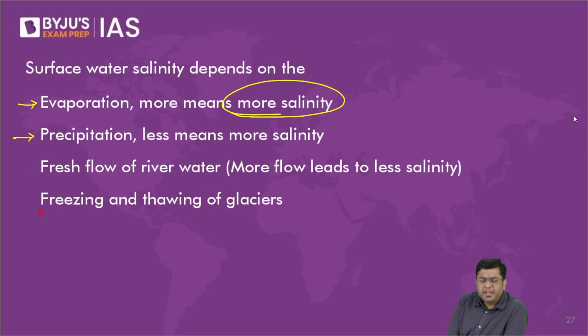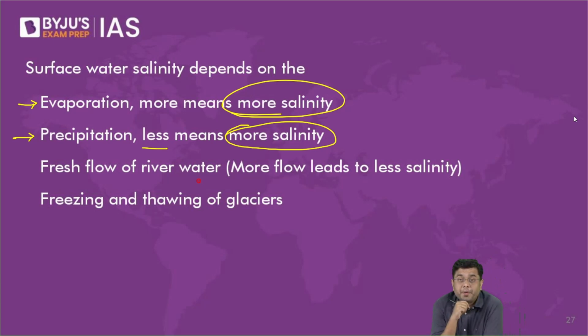Precipitation: the region where you have more precipitation means less salinity. So where you have less rainfall, comparatively, you have more salinity experienced in those areas.